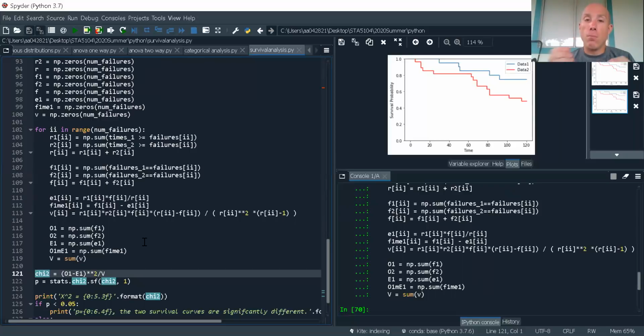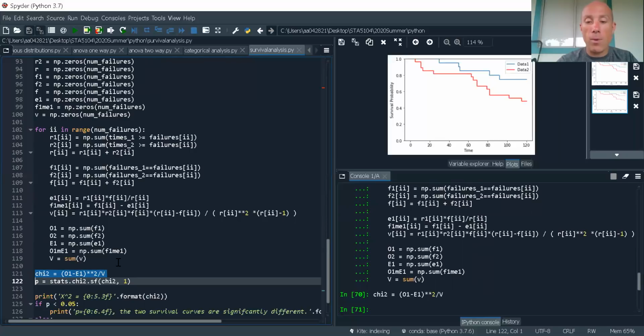Remember, if I have a small p-value, I am prone to rejecting the null hypothesis. And we get that p-value by taking the test statistic and looking at the chi-square distribution. We have observed minus expected squared divided by the sum of our v's. All right, let's see what we get. So let's actually take a look.